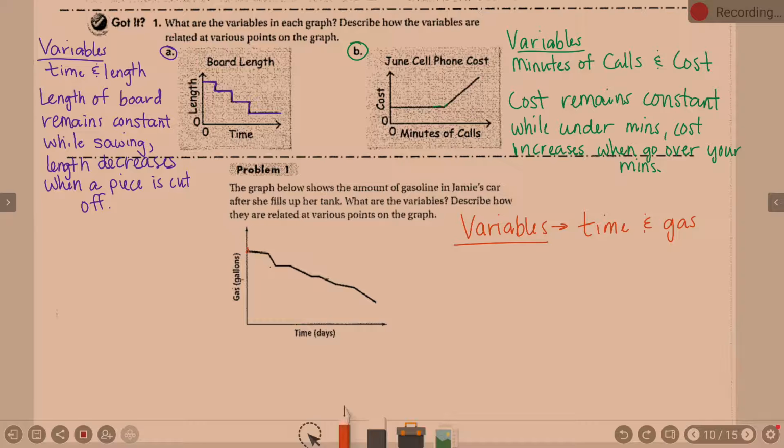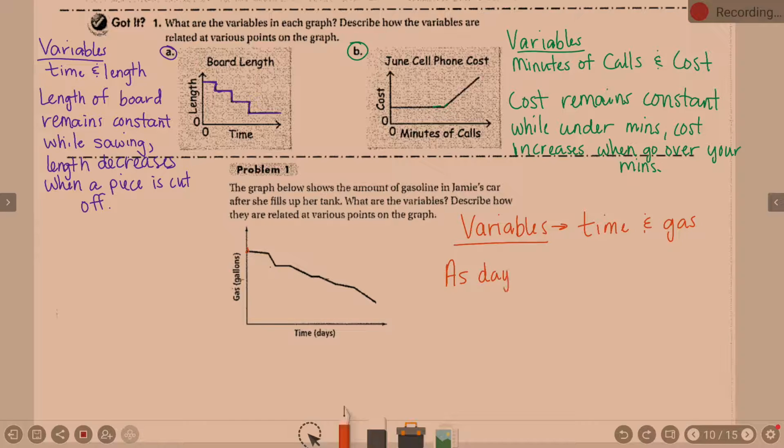This is just 1 tank of gas here. Then here, it's flat. So she didn't drive anywhere, right? Maybe didn't go anywhere that day. And then it's decreasing, right? So each time it's decreasing, she's using gas. Each time it's flat or constant, she's not using gas. And her miles per gallon is good.